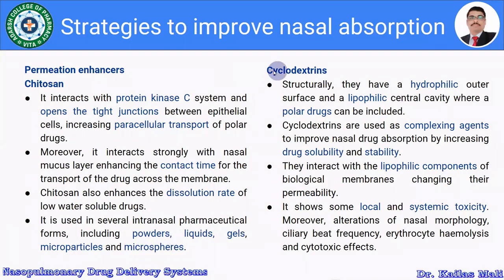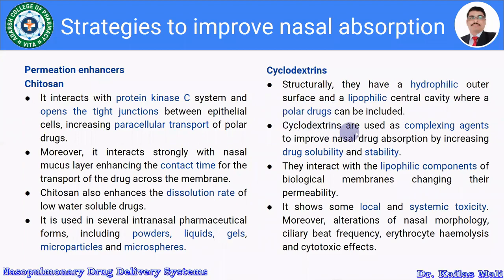Let us see cyclodextrin as a permeation enhancer. Cyclodextrins structurally have a hydrophilic outer surface and a lipophilic central cavity where a polar drug can be included. So it forms a complex with the polar drug.